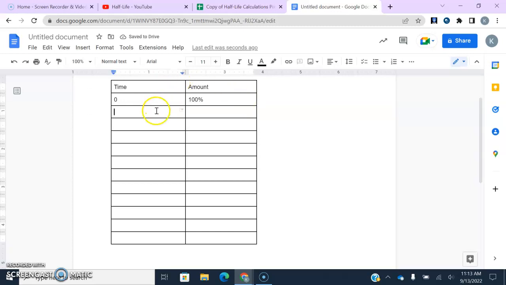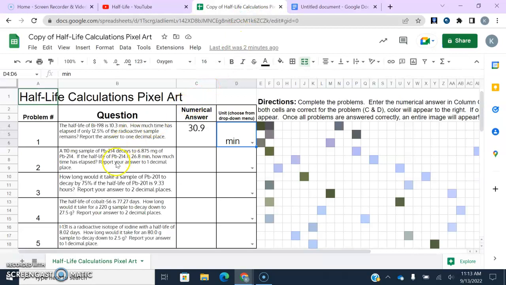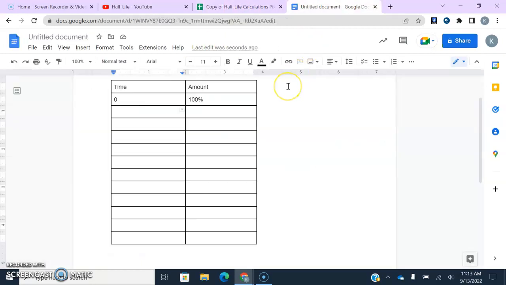Our half-life is 9.33 hours. So 100 divided by 2, our first half-life, leaves 50%. Now we need to add 9.33, so 18.66 hours have elapsed, and 50 divided by 2 is 25%.